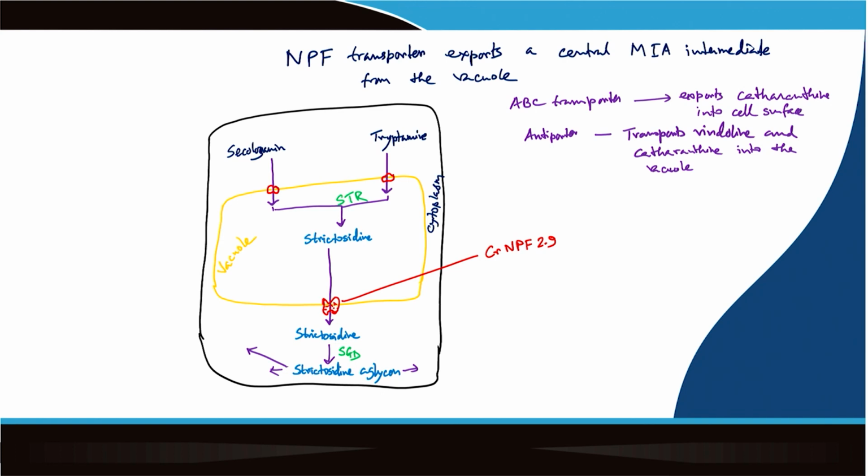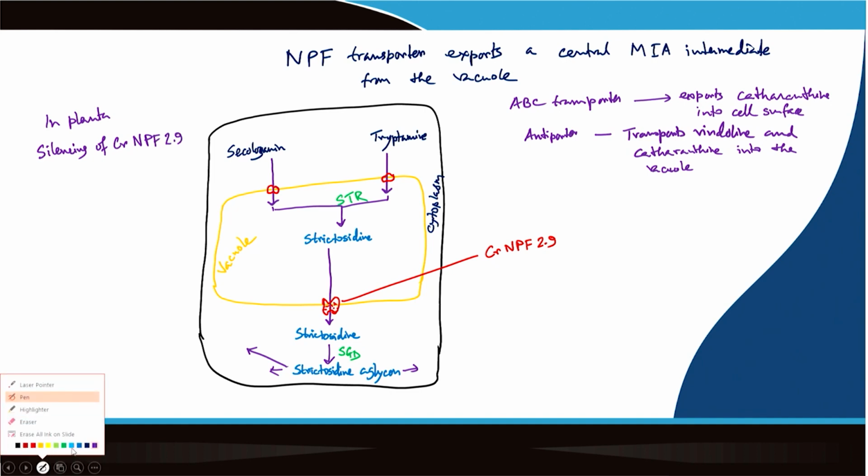So, they made the silencing, that means in planta silencing of CrNPF2.9, and then what will happen? That will be very clear if I draw two simple chromatograms to explain. So, one for example is your control.